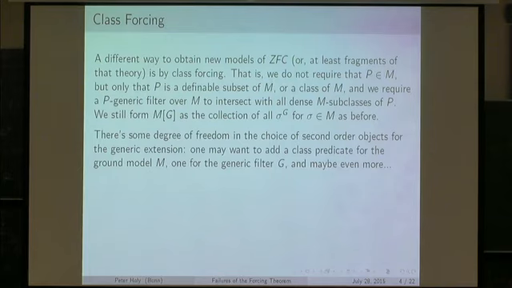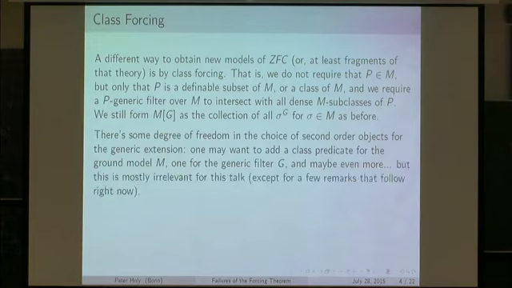So, I mean, you could look at the plain generic extension, which is just the collection of all the evaluations of names in the ground model. But you might also want to consider additional predicates. So, for example, it's quite natural to consider a predicate for the ground model and for the generic filter, which is now a proper class over your model. And maybe you also want to consider other predicates. This is not particularly relevant for anything in my talk except for the very next thing.